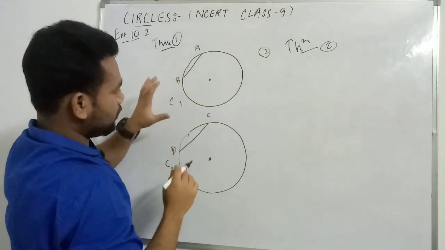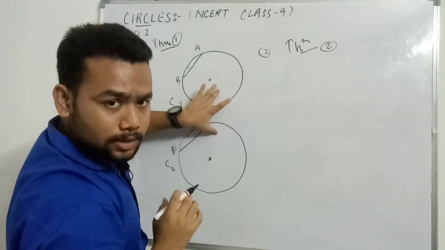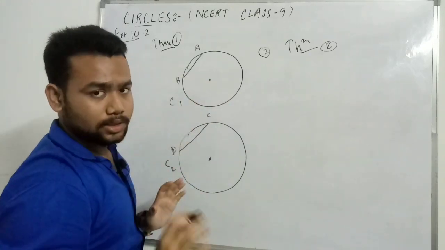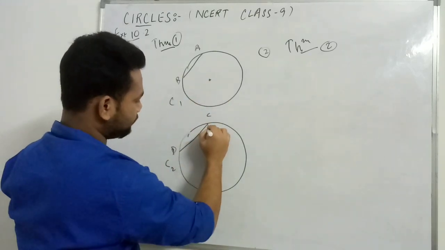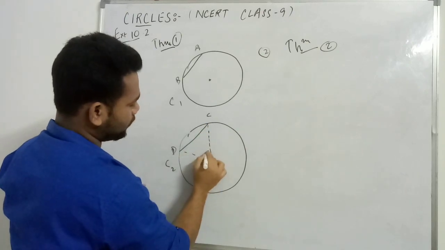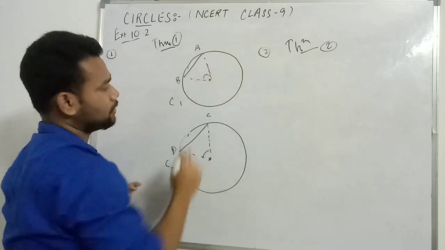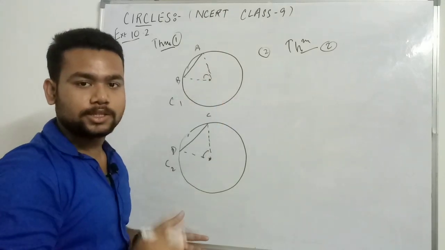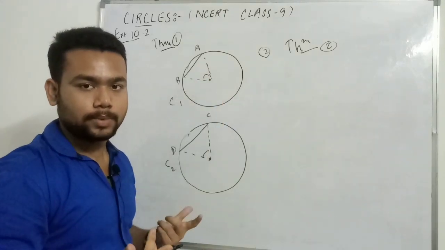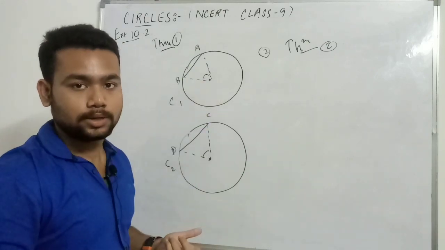Got it? These are the two congruent circles and AB is equal to CD. You need to prove that this angle is equal to these angles, just similar to theorem number 1. But in theorem number 1, we did it in a single circle.